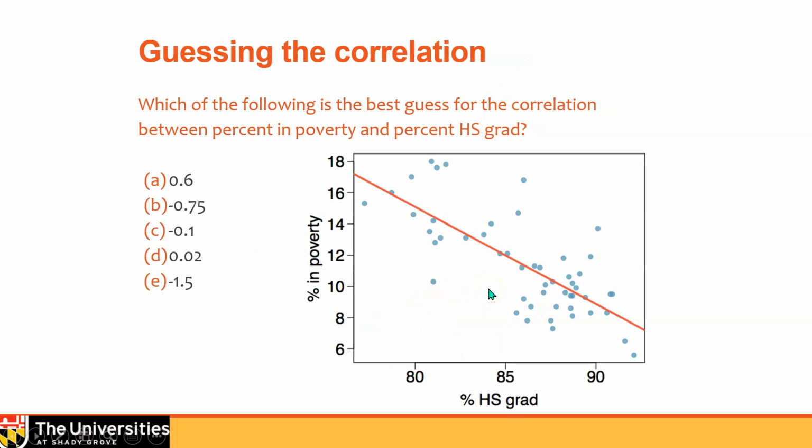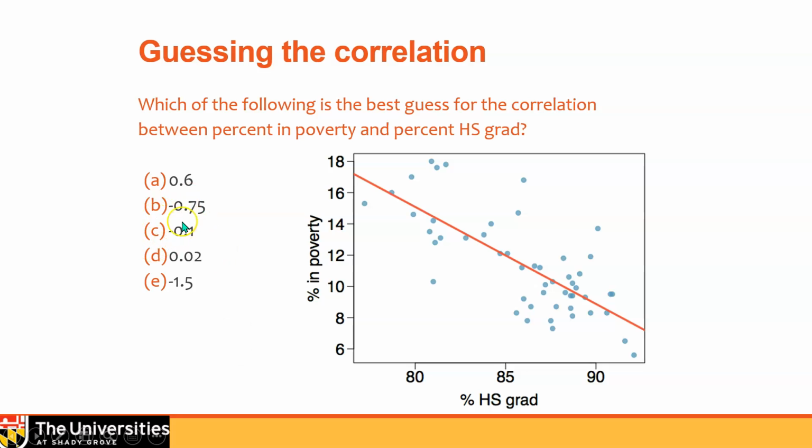So we quantify using a correlation. One of the things that you'll want to do is to get your eyes accustomed again to looking at what constitutes a certain magnitude of correlation. Here, if you had to guess your best guess for that correlation, you're going to take a look at the direction. And our direction is negative, so that leaves out A and D as possibilities.